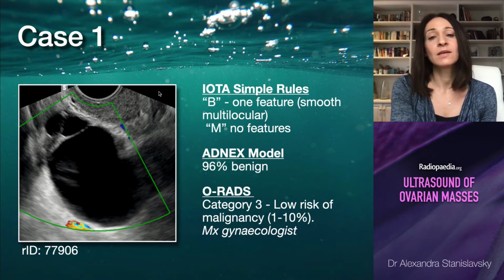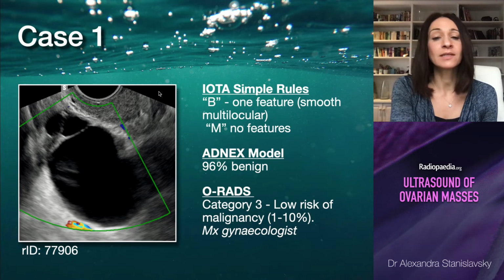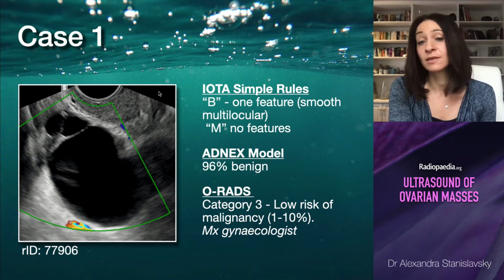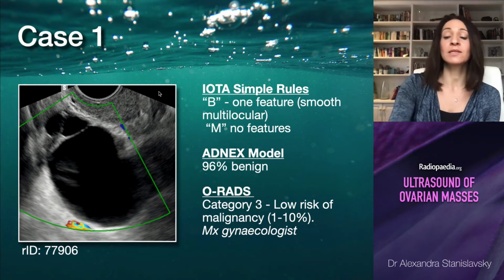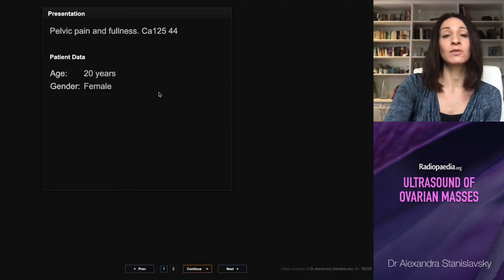In this case, IOTA simple rules give a 1B feature because it's a smooth multilocular tumour. The ADNEX model, you can punch in the numbers, says 96% benign, and O-RADS gives it a category 3, low risk of malignancy, 1 to 10%. So everyone's in concordance. I don't have clinical data for this case. She was followed up. It wasn't excised, but it was thought to be likely cystadenoma.